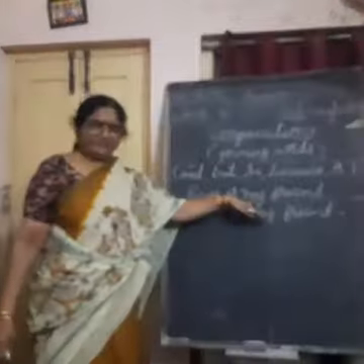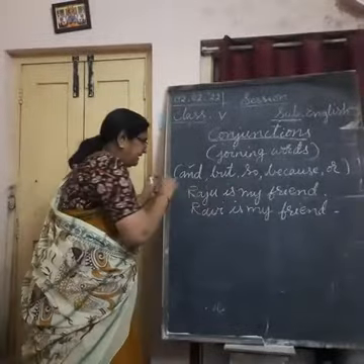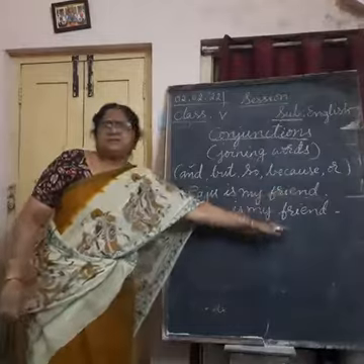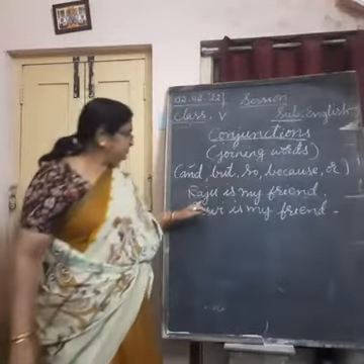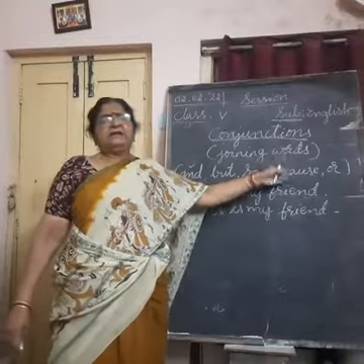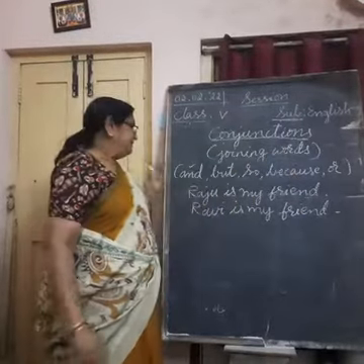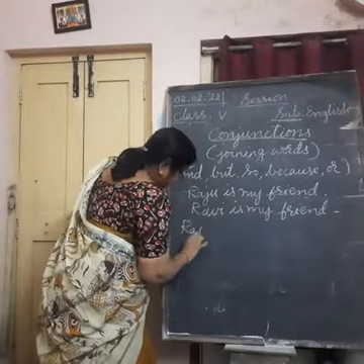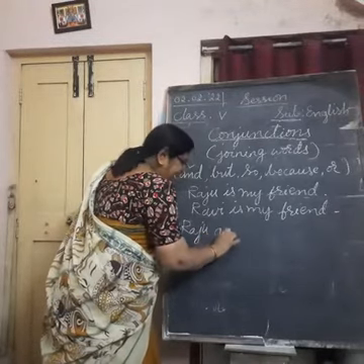Raju is my friend and Ravi. Here we are using two different characters, but our intention is the same. To tell about both Raju and Ravi, we are telling the same thing. That's why we can use it in this way with a slight change: Raju and Ravi.